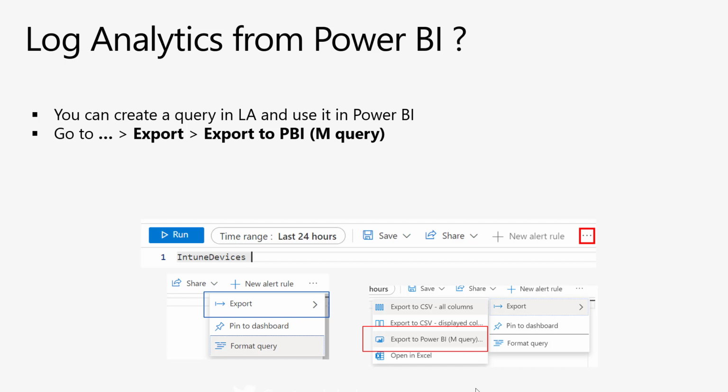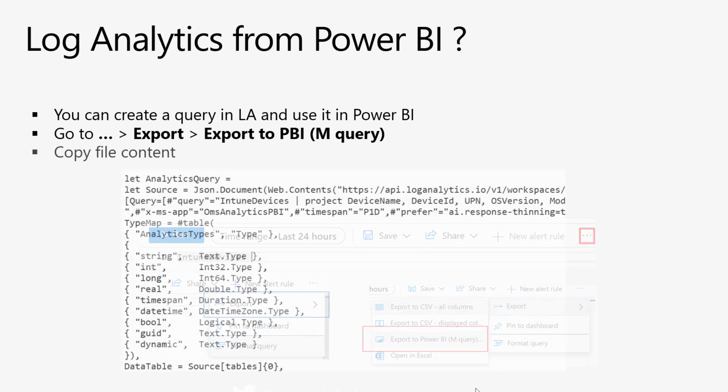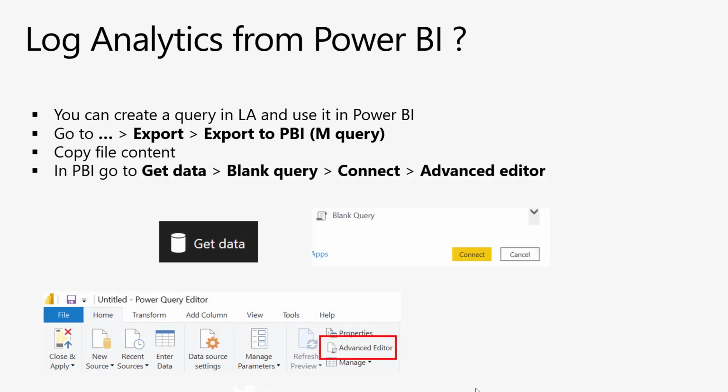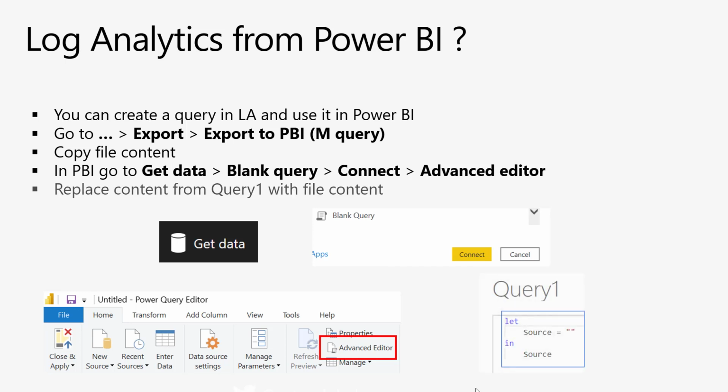Just go to your Log Analytics query, click on the three dots, then click on export, and click on export to Power BI M query. Then it will download a text file. Copy the content of the text file, and go to Power BI, go to Get Data, blank query, click on Connect, then Advanced Editor, and replace the content from the current part with the content of your text file.